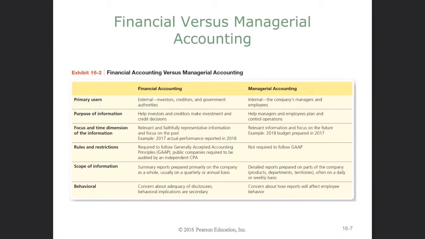So it can negatively affect their behavior. Or look at it the other way: say the report keeps getting smaller, and it used to be a 10-page report and now it's a 5-page report. That could positively affect employee behavior. So that gives you an idea of that, and those are all listed within managerial accounting.